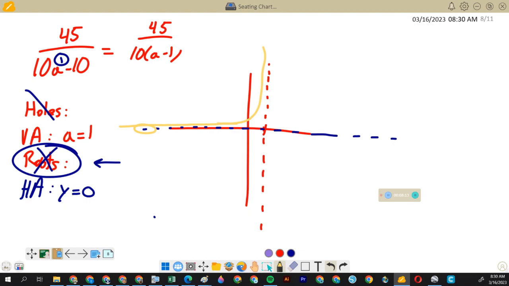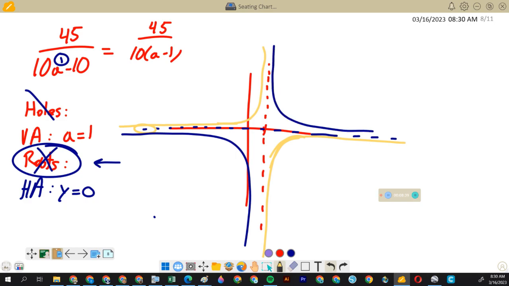So if I go up on this side of the asymptote, then I have to be down on this side. And then as I travel close to the x-axis, I don't have any roots that let me go through the x-axis. So that's what it would look like. That's one possibility. The other possibility would just be the opposite. I would start here and go down and start here and go over.